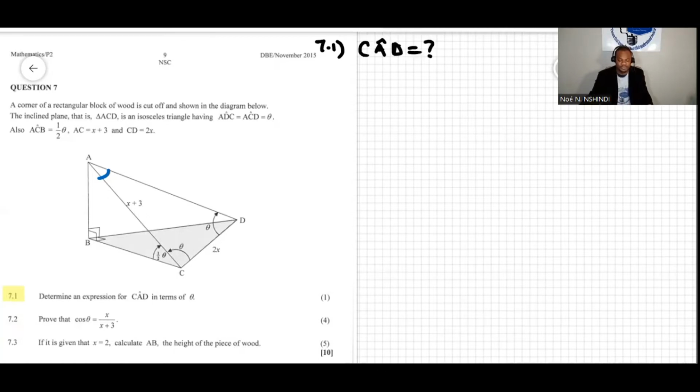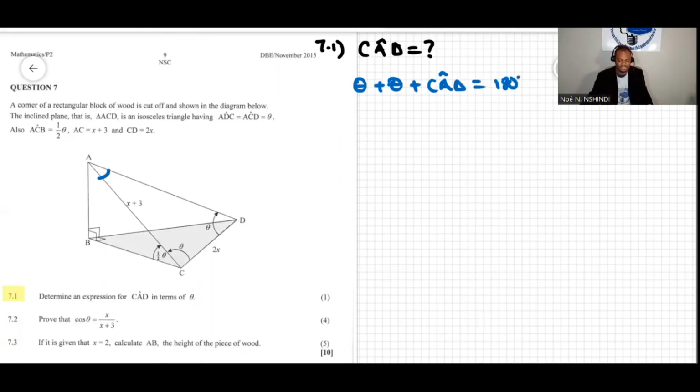What do we know by definition? We know that the sum of the angles within a triangle is equal to 180 degrees. So in this case, we have theta and theta, so theta plus theta plus CAD is equal to 180 degrees.